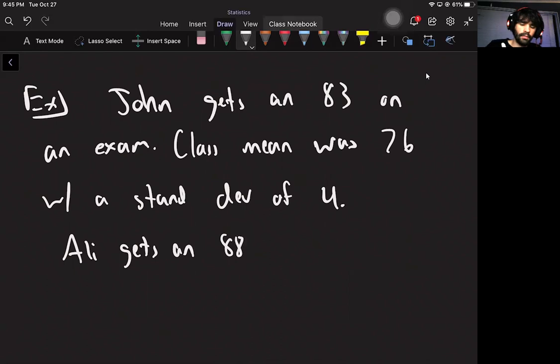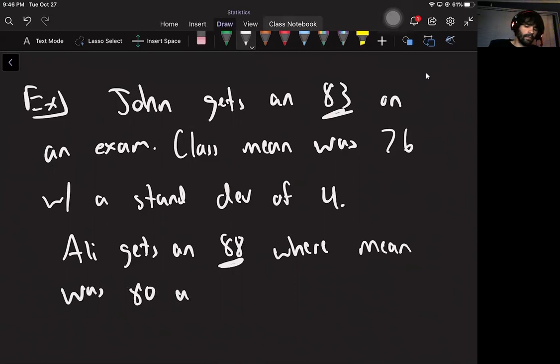So seemingly already Ali did like way better than John. Good job. But depends on the class. It depends on the average of that class and the standard deviation of that class. So in his class, the mean was 80 and the standard deviation was 5.